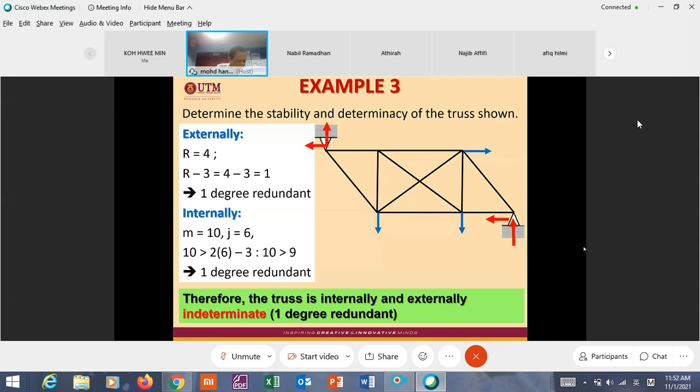Muhammad Faisal. Muhammad Ad-Din. Muhammad Adib. Muhammad Afiq. Muhammad Najmi. Muhammad Ibrahim.